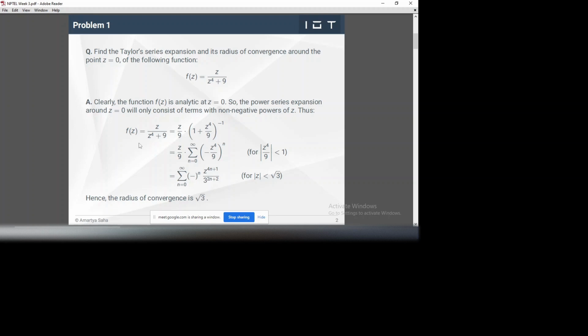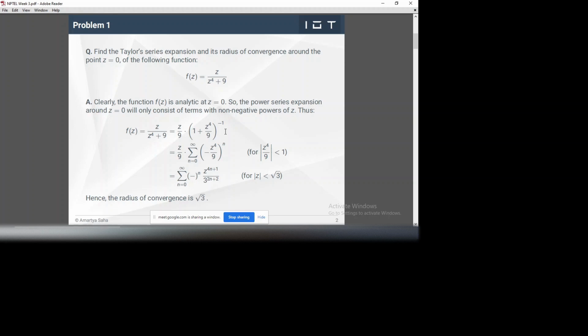I hope you can all follow the mouse pointer. So please follow. This is z by z to the power 4 plus 9. We can easily write the denominator like this: 1 plus z to the power 4 by 9, raised to the power minus 1.